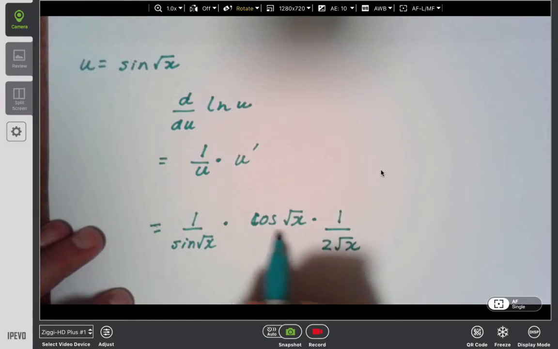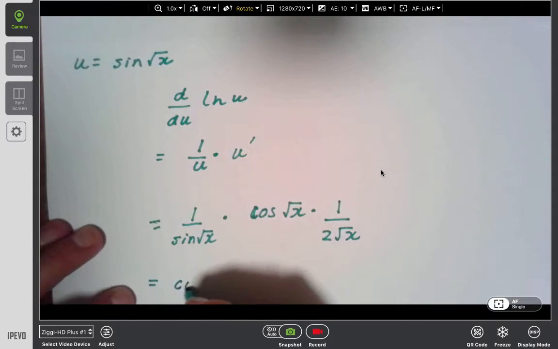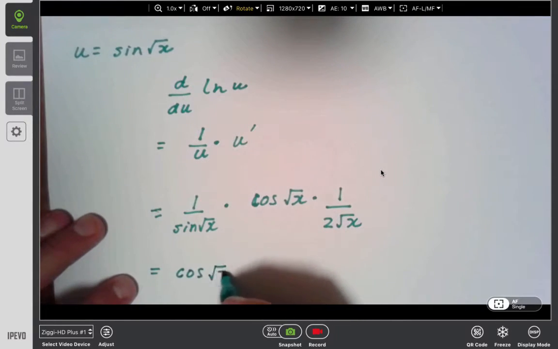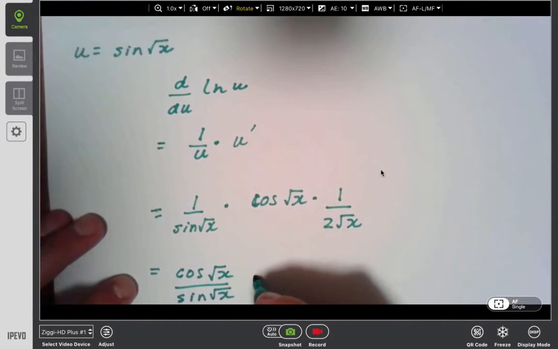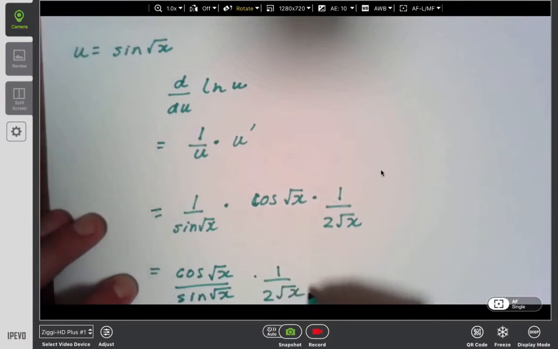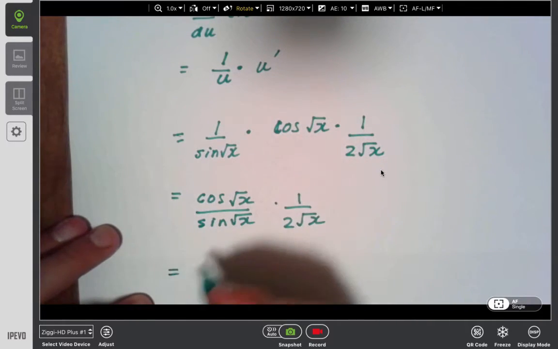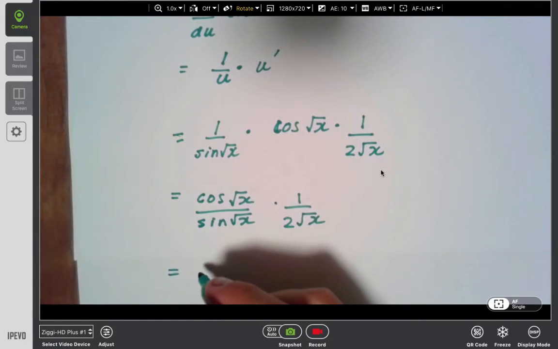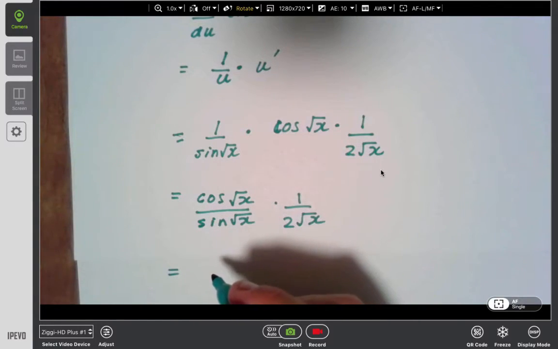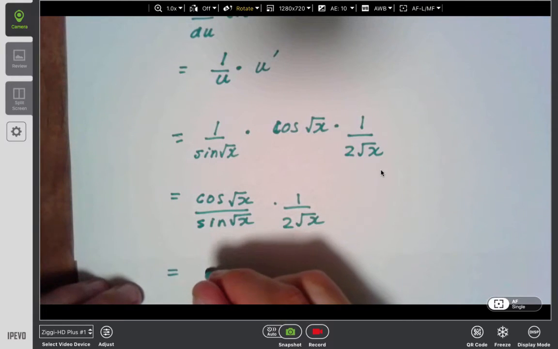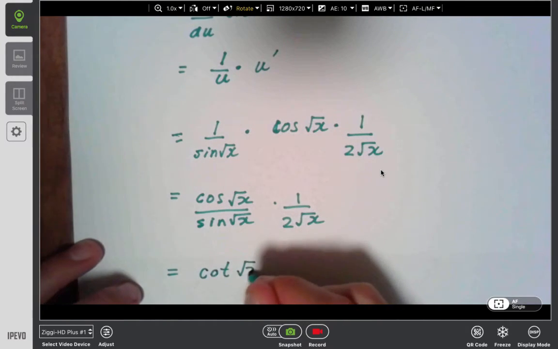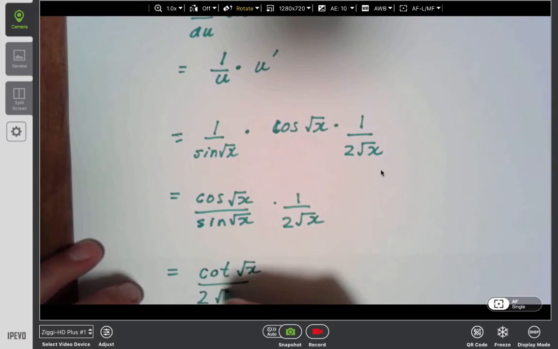Now when I clean this up, I get cosine of root x over sine root x, times 1 over 2 root x. Cosine over sine is cotangent, right? Cotangent root x. Leave the 2 root x in the denominator. And there we go. That's our last example.